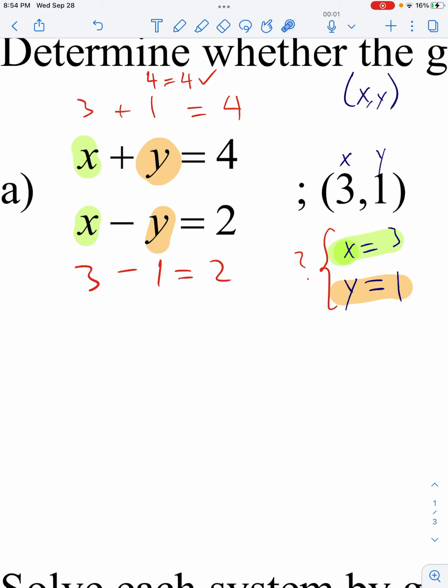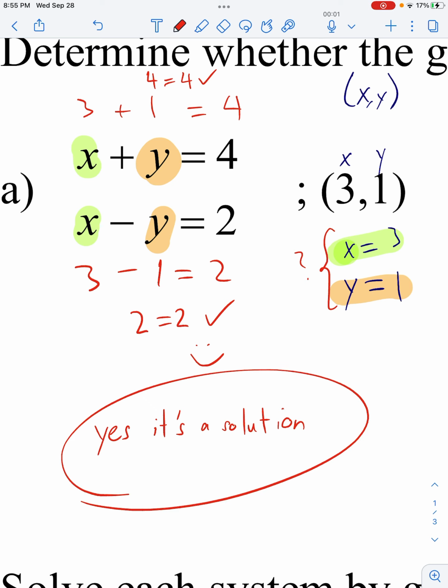Does 3 minus 1 equal 2? Yes, it does. 2 equals 2, yahoo! So yes, it's a solution. So my ordered pair here, (3, 1), is a solution of this system. That's how we determine that.